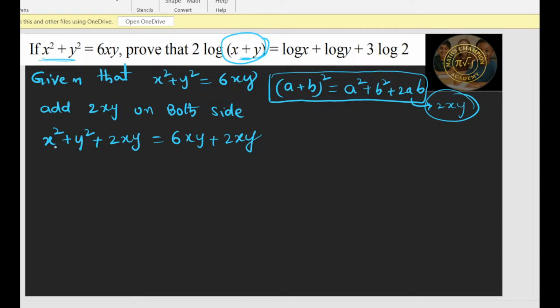Now it is in the a plus b whole square formula, so we can simply write (x plus y) whole square. Now 6 plus 2 is 8, so we write 8xy. It is clear? I hope it is clear.